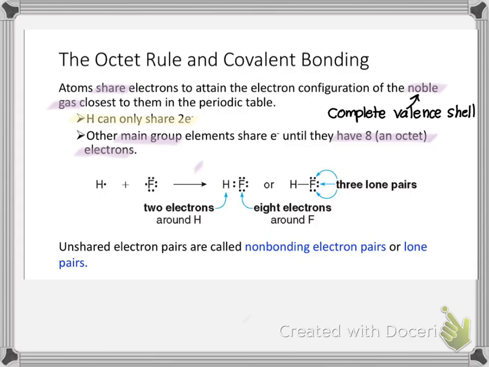Now, in this introductory course, I'm going to tell you that some nonmetals can have more than 8 electrons around them, especially when you get past the 3rd period. So some can have more. It's called an expanded octet.